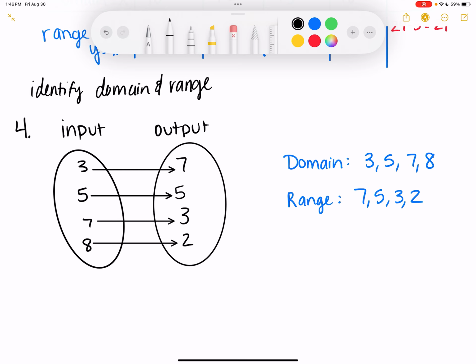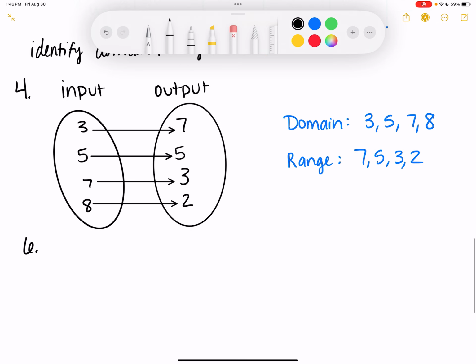All right, 6, they want us to tell if the pairing is a function. And since there was only one even one in the domain and range section, we're also going to say the domain and range of it. So they give us an input-output table. And just to be clear, if it's a table, whatever is beside it, or if it's stacked on top of each other, whatever it's stacked on top of, that is the pairing.